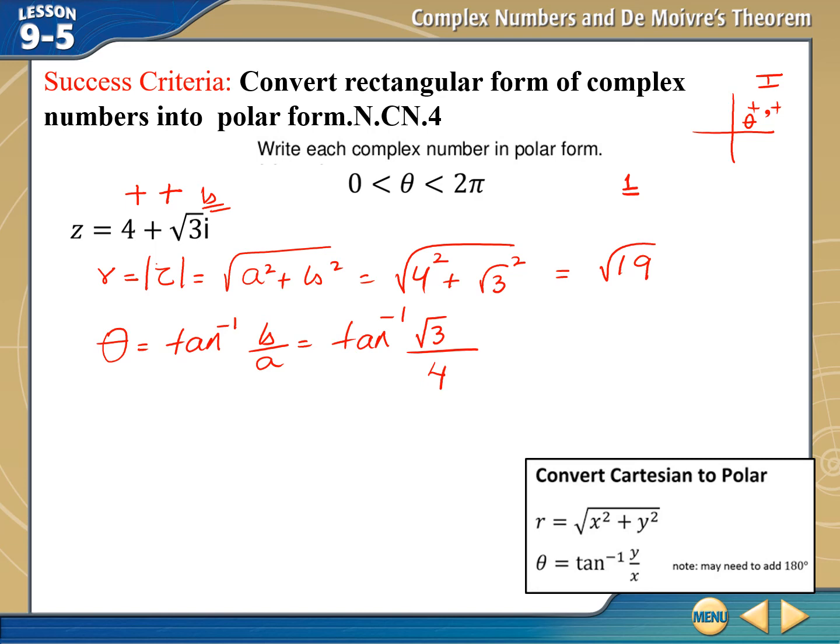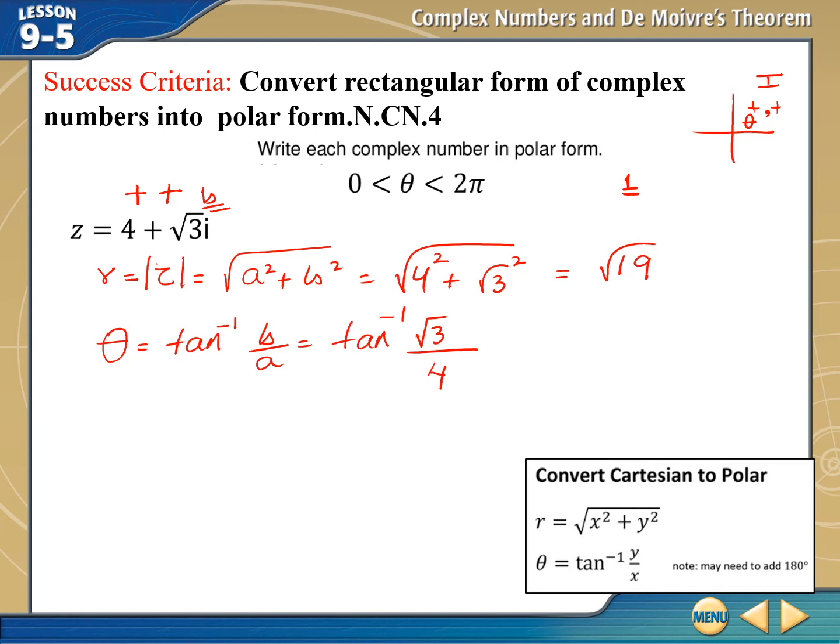For tangent inverse, you just press shift and tangent. Tangent is written near the sine and cosine. Then write square root of 3 divided by 4. Make sure your calculator is in radian mode. Let me see if my calculator is in radian mode or not.